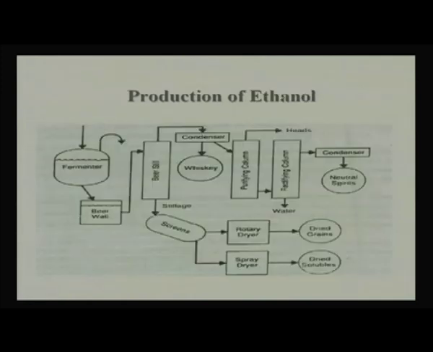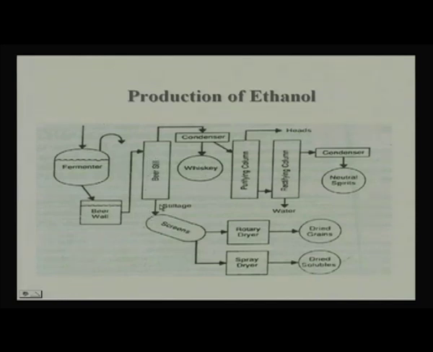Now, if we come to ethanol production, you just see the process is entirely different from that of the intracellular enzyme. Here we have the fermented broth. This broth contains water and ethanol, and we want to extract the ethanol from water. So, this is the beer well, and we pass it to the beer still.